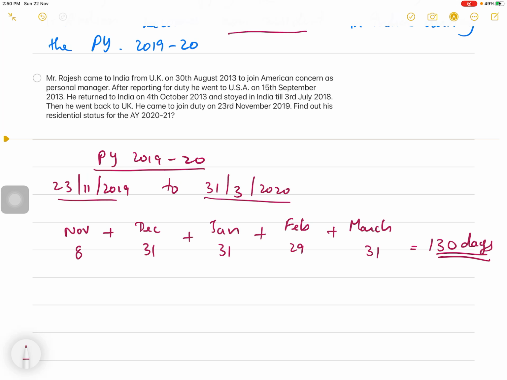So, second basic condition: during the previous year, he should be in India for 60 days or more. So, yes, he is in India for more than 60 days. Right.